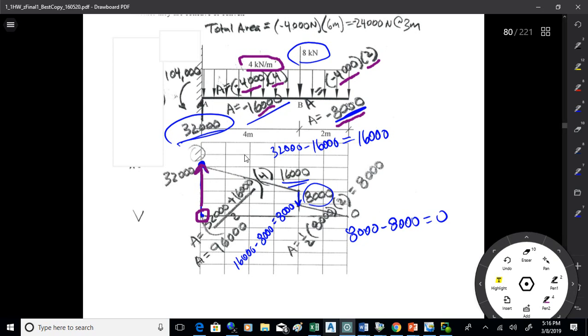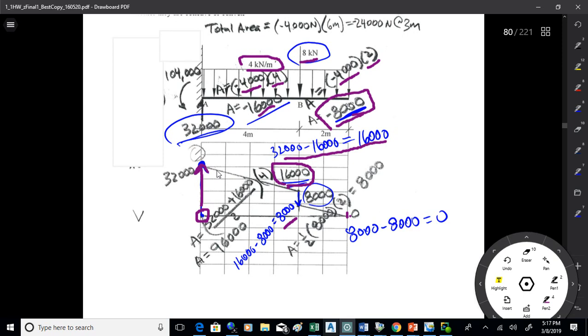Then I'll drop by 16,000. And that'll get me down to 16,000 right here. Okay, so that's the area under the load diagram from A to B. Then I've got the 8,000 newton load down, so that'll drop me from 16,000 down to 8,000. Then the last bit of area here is negative 8,000, which gets me from 8,000 down to 0.